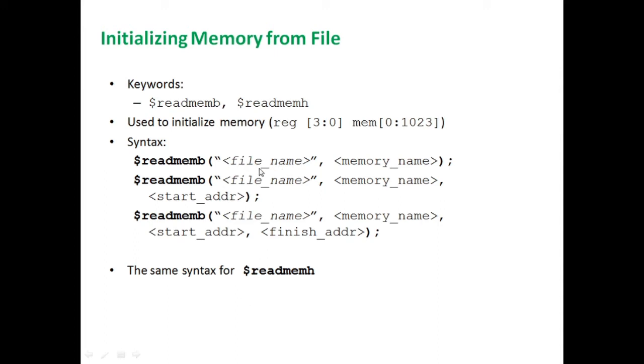In the argument list, the file name and memory name are mandatory, whereas the starting address or finishing address of your memory is optional.